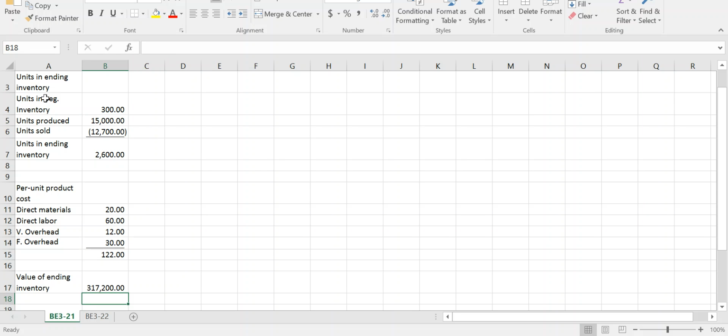The key difference between absorption costing and variable costing is going to be how we treat our fixed overhead. Under absorption costing, it allocates out a portion of that fixed overhead to the units that are sold in the form of cost of goods sold, and the units in our ending inventory, again, it's adding to our balance sheet value.